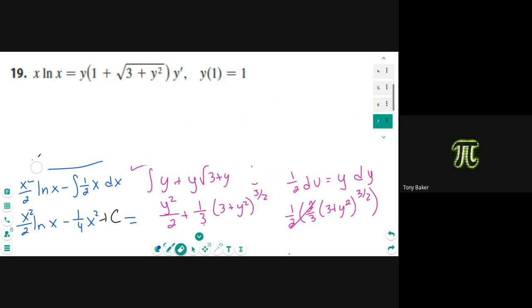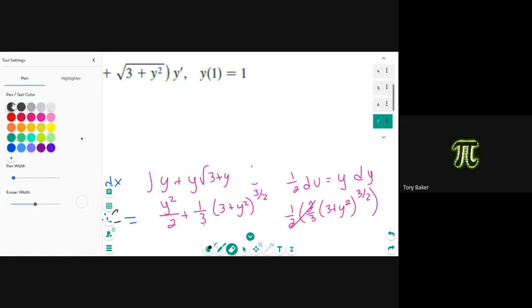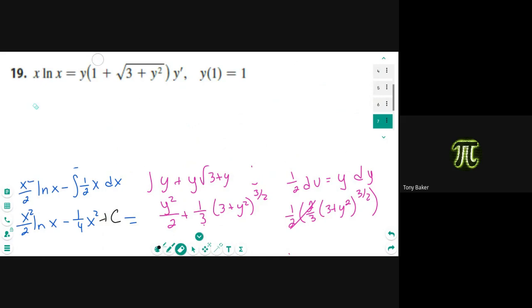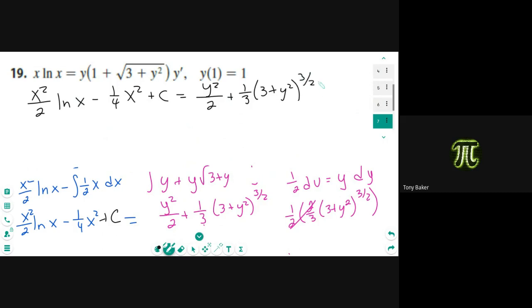So we have x squared over 2 ln of x minus 1 over 4 x squared plus c equals y squared over 2 plus 1/3 times 3 plus y squared to the 3/2.